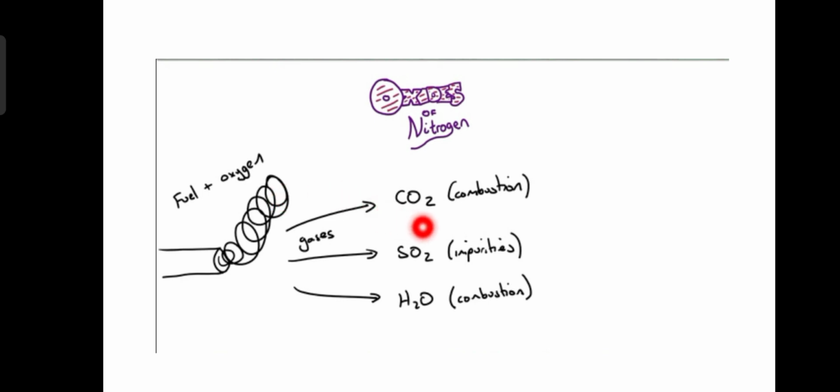The main products of combustion of fuel are oxides of carbon and water. If the combustion is complete, it is carbon dioxide, and if it is incomplete, then we get carbon monoxide.